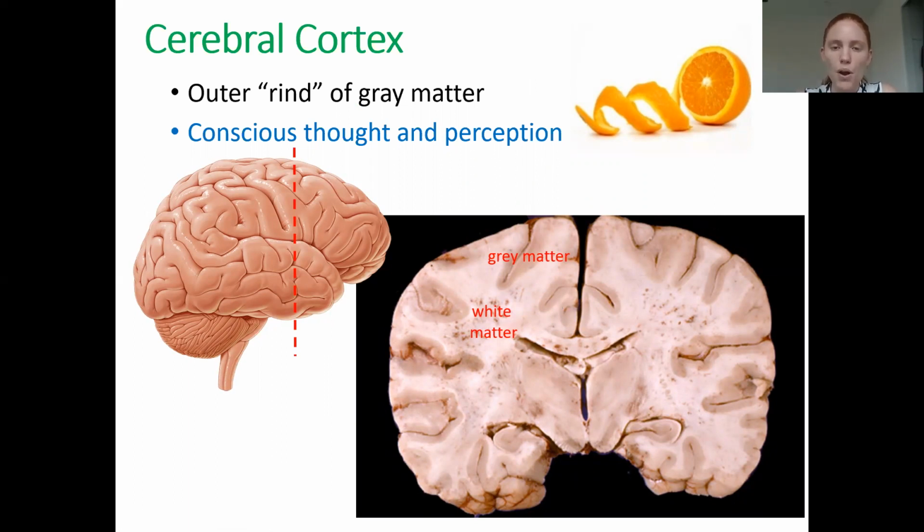And for the brain, the gray matter is found in 2 places. The first is along the outside, just lining the very, very outer part of the brain. That's called the cortex. So remember, cortex means outer rind. Anytime you have an organ that's solid, the outside of that organ is called the cortex.